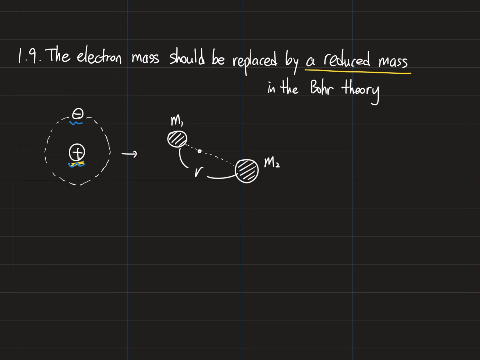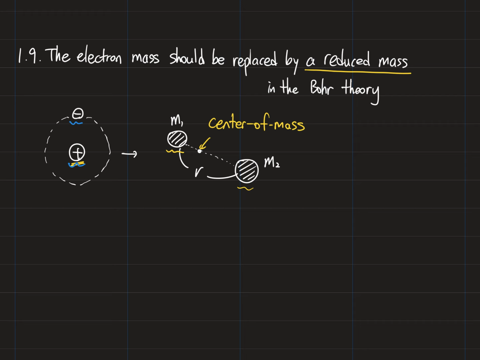So rather than one fixed center and one particle moving around it, both of them move with respect to this center of mass point. So this is actually a two-body problem.